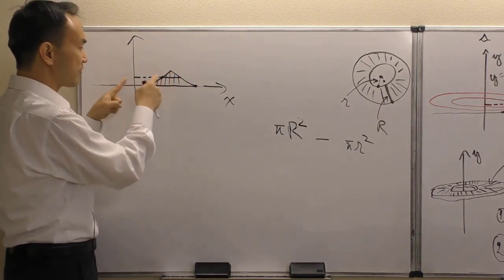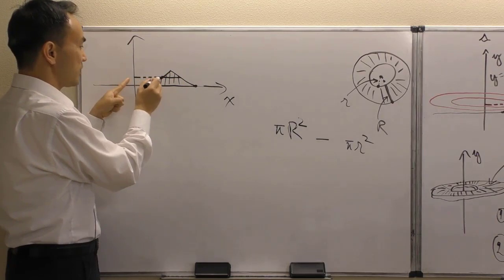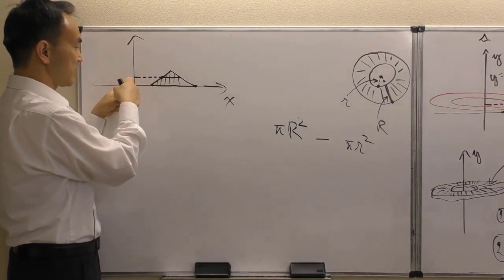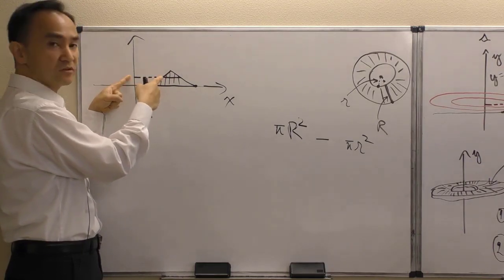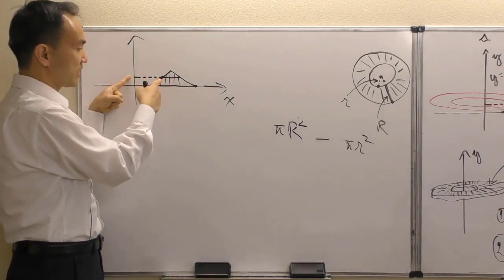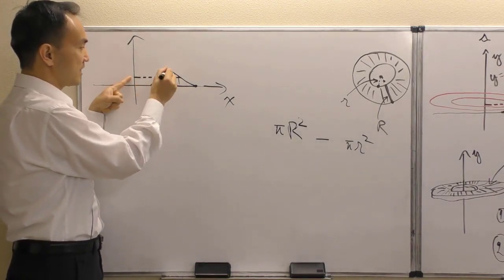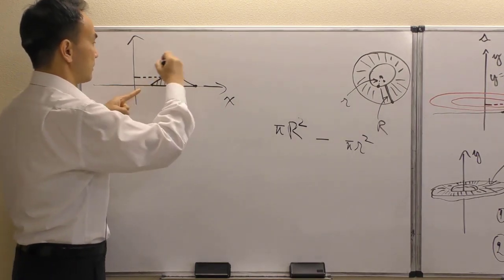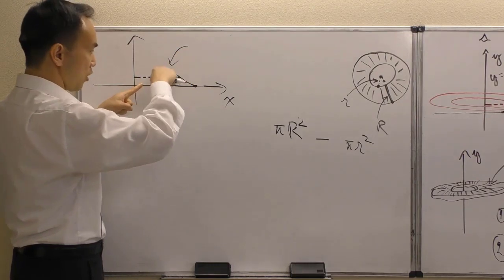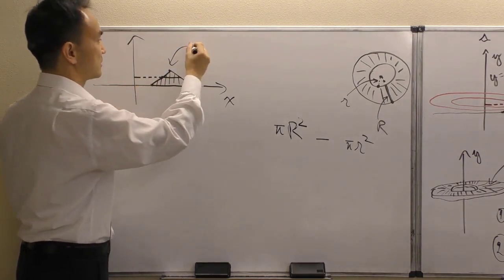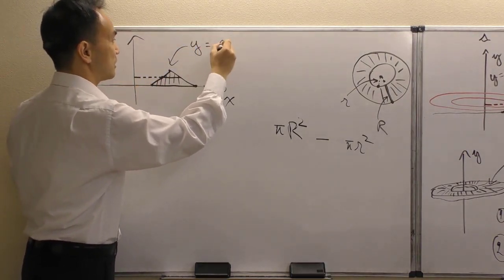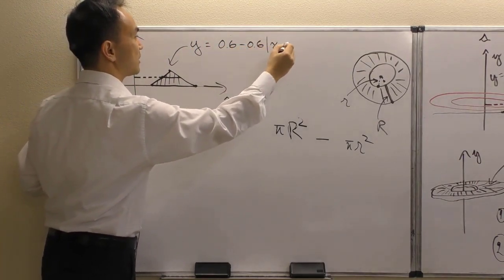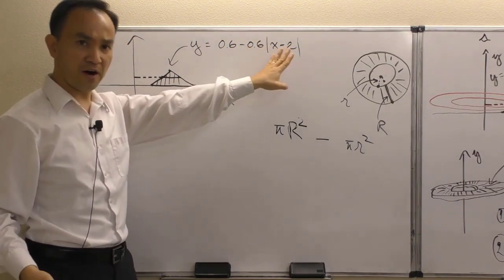For each stripe, the shorter radius comes from the rotation center out to the closer curve right here, even though it's just one piece of it. Recall I said earlier, this whole broken line is y equals 0.6 minus 0.6 absolute value of x minus 2. That's one function.